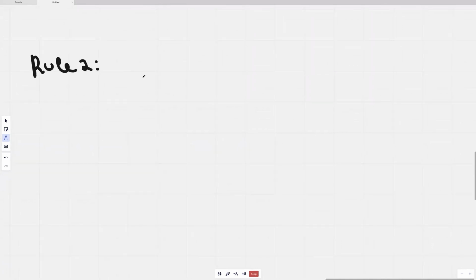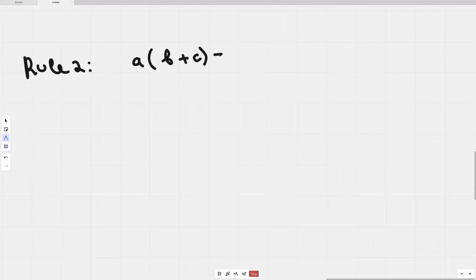Opening the brackets, or expanding brackets. If someone gives you a multiplied by the bracket b plus c, what you have to do is multiply a by b, the first term inside the bracket, and then by the last term.